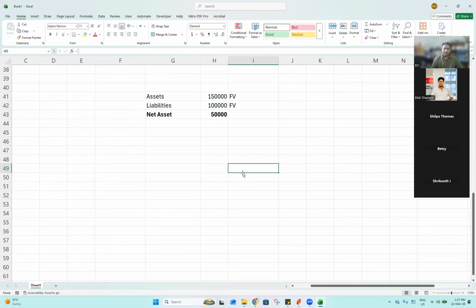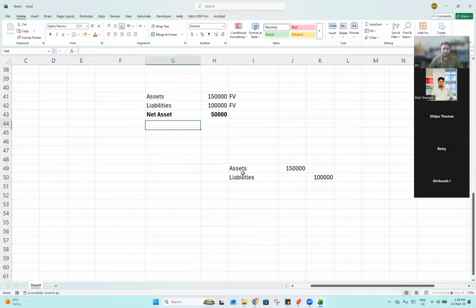Now you're going to record the purchase of the other company in your books, and the entry will be: assets 150,000, liabilities 100,000, and you are getting net assets of this much.